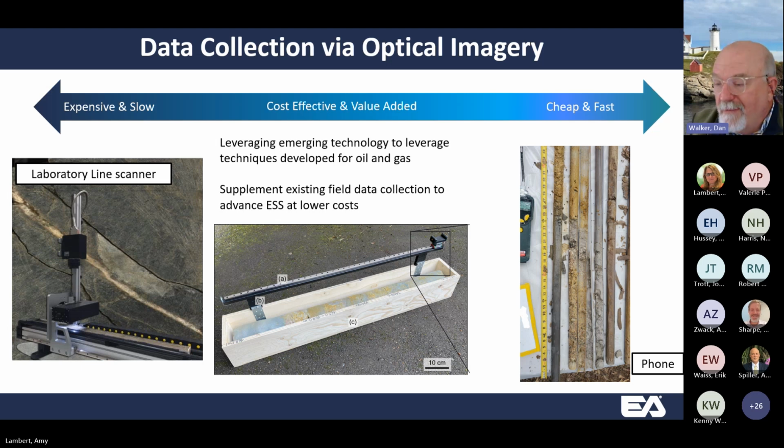And we've become very enamored with the idea of using typical cell phone cameras. They actually are very powerful instruments. They have very high resolution. We are developing techniques to use those types of instruments, either a tablet or a cell phone, to collect these images, maintain those images, and actually use them to inform our interpretations.